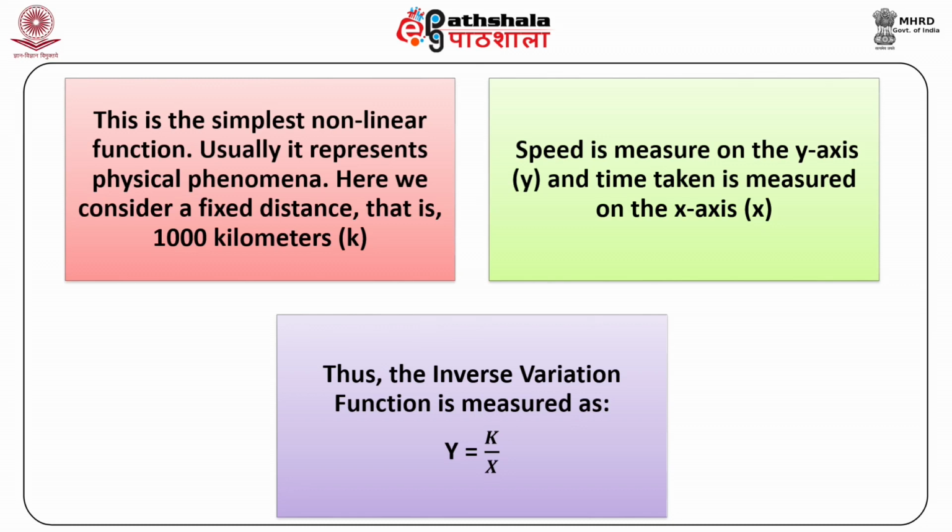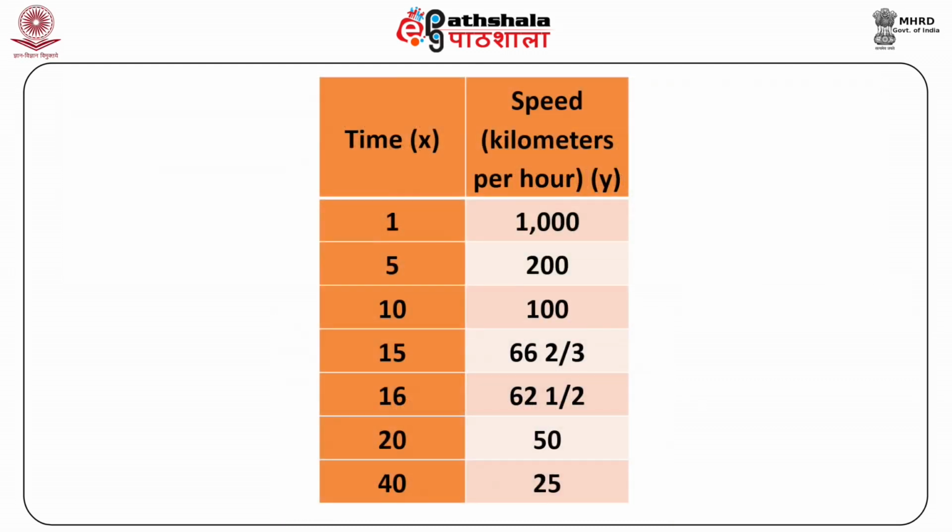Thus, the inverse variation function is y is equal to k upon x, where k is fixed, and y and x are variable. We take up an example from the physical world. If a plane travels a distance of 1000 kilometers at different speeds, then we could have a table that charts the relationship between x and y.